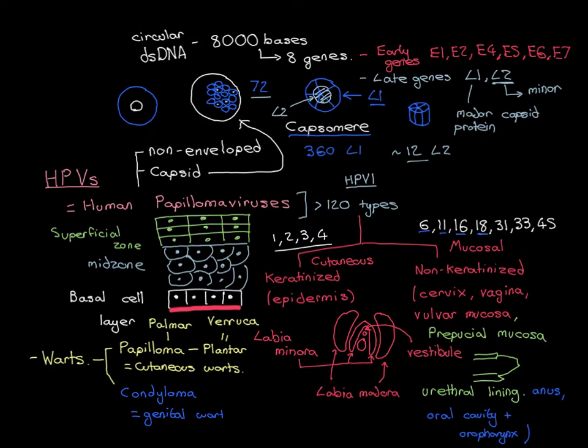The important thing I want to stress is that unless you get rid of the HPV infection in the basal cells, you can't stop this from happening. Until you've got rid of the HPV infected basal cells, they will just continue to produce more midzone cells infected with the HPV genome, and therefore overall the epithelium will be producing HPV virus particles all the time.